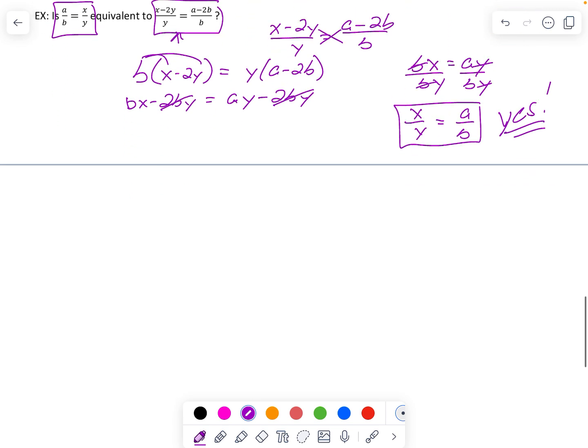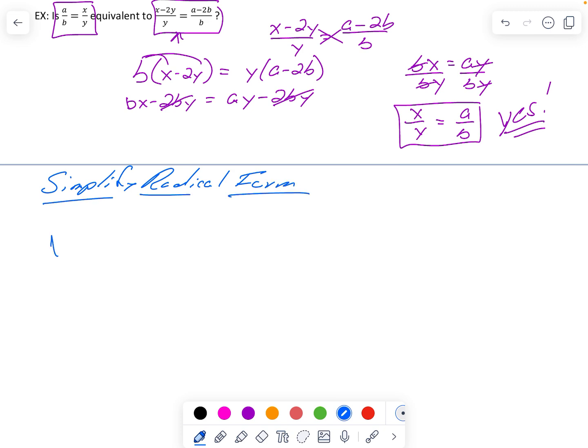Finally, because we're going to be taking the square root to solve for the geometric mean, I want to just review how to simplify radical forms. In other words, if you had to simplify the square root of 20, that is not a perfect square.